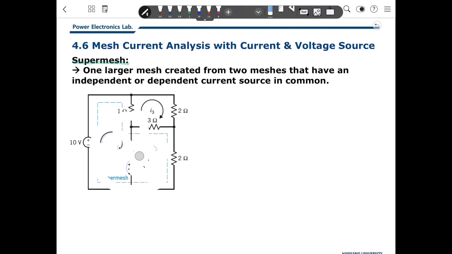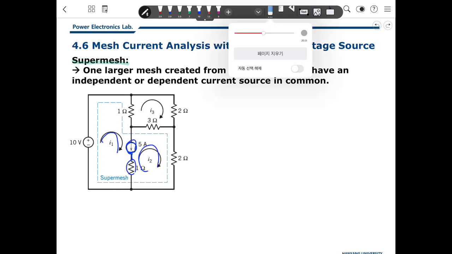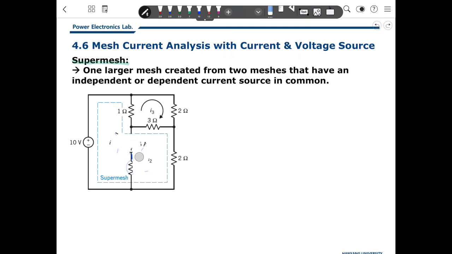This is not the only way to solve this electric circuit based on the mesh equation, but if you use the super mesh here, then the problem is very simple. So we can define the super mesh. What is a super mesh? The super mesh is one larger mesh created from the two meshes that have an independent or dependent current source in common.